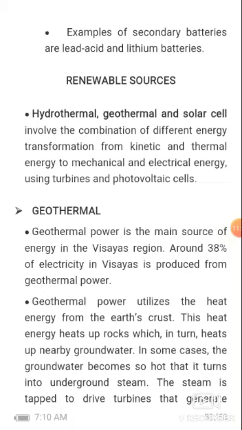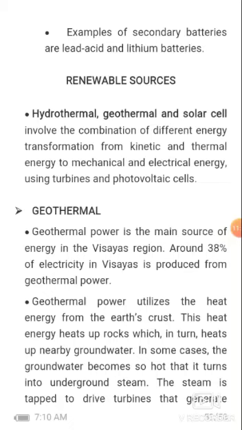Let's go with the renewable resources: the hydrothermal, geothermal, and the solar cell. It involves a combination of different energy transformations from kinetic and thermal energy to mechanical and electrical energy using turbines and photovoltaic cells.